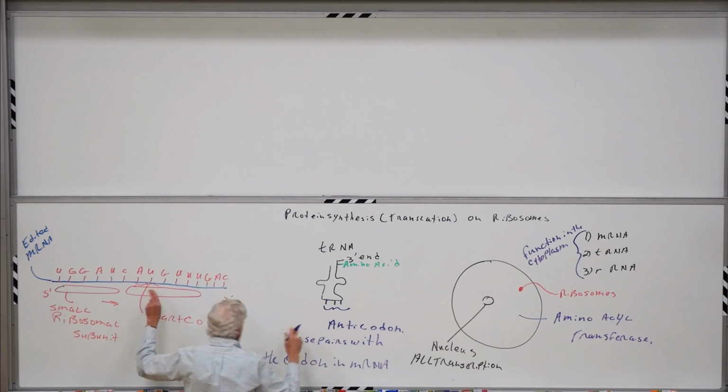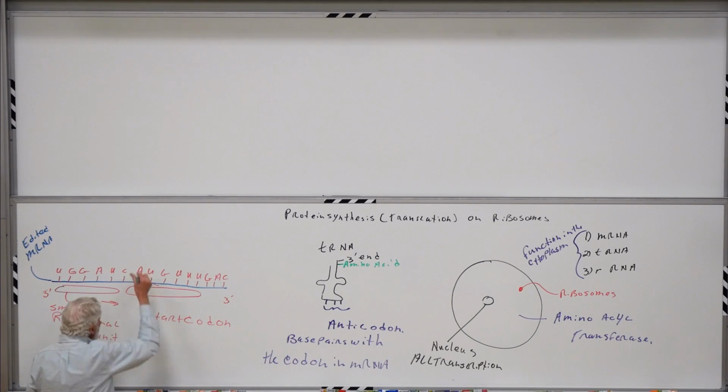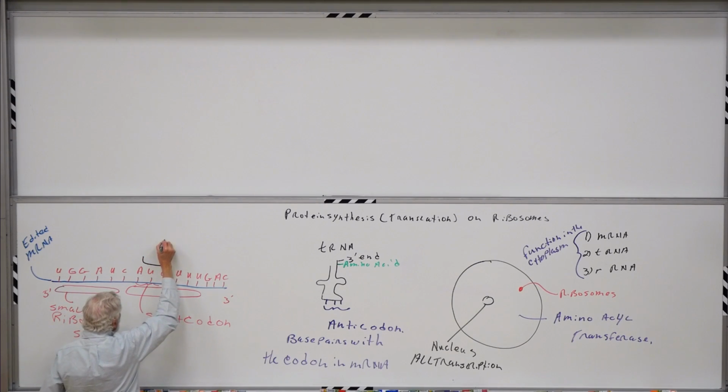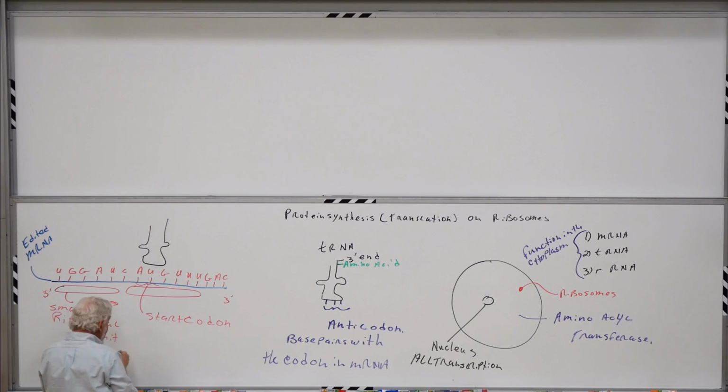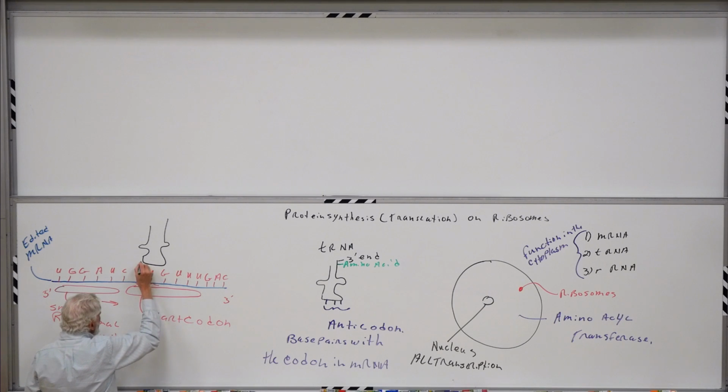So in this case, we're going to see for the start codon that if this is the anticodon for the tRNA, the anticodon will be adenine to uracil, uracil to adenine, guanine to cytosine.